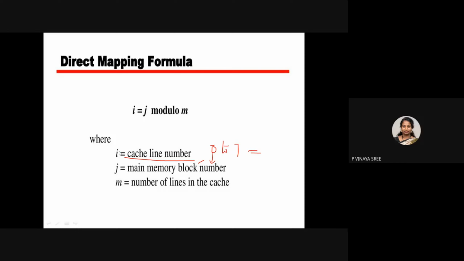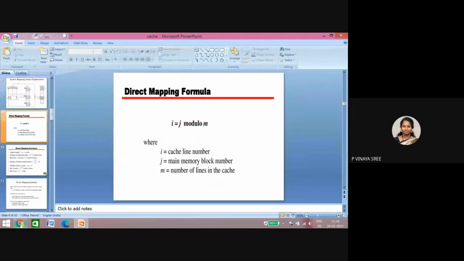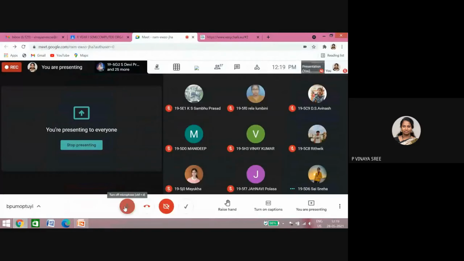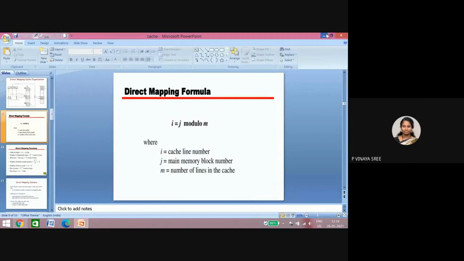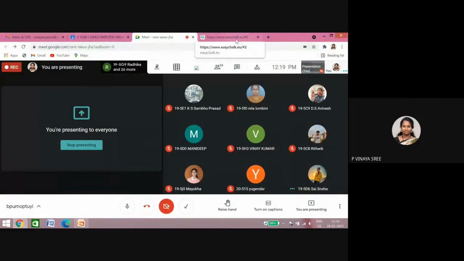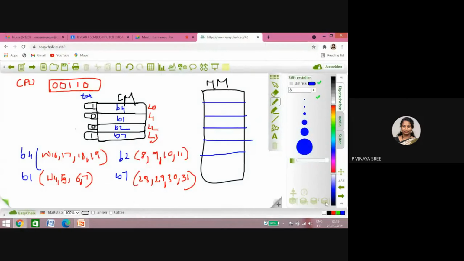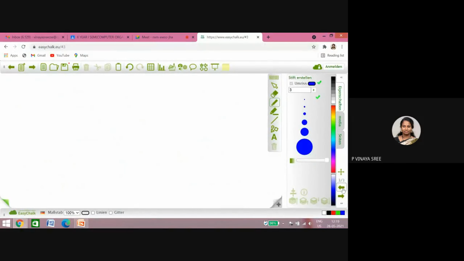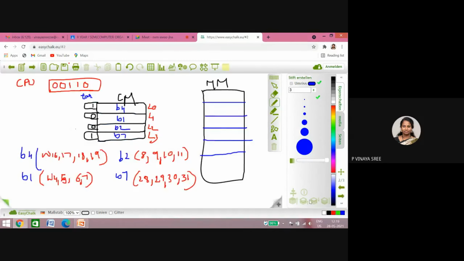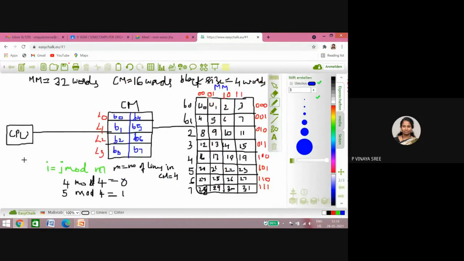So let me show with an example. See here, m is the number of lines in the cache.